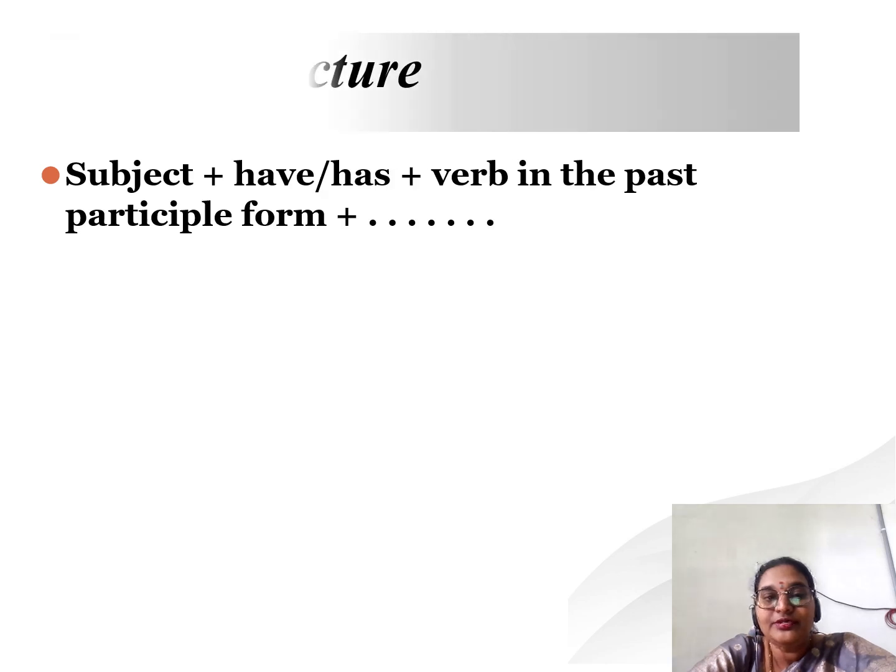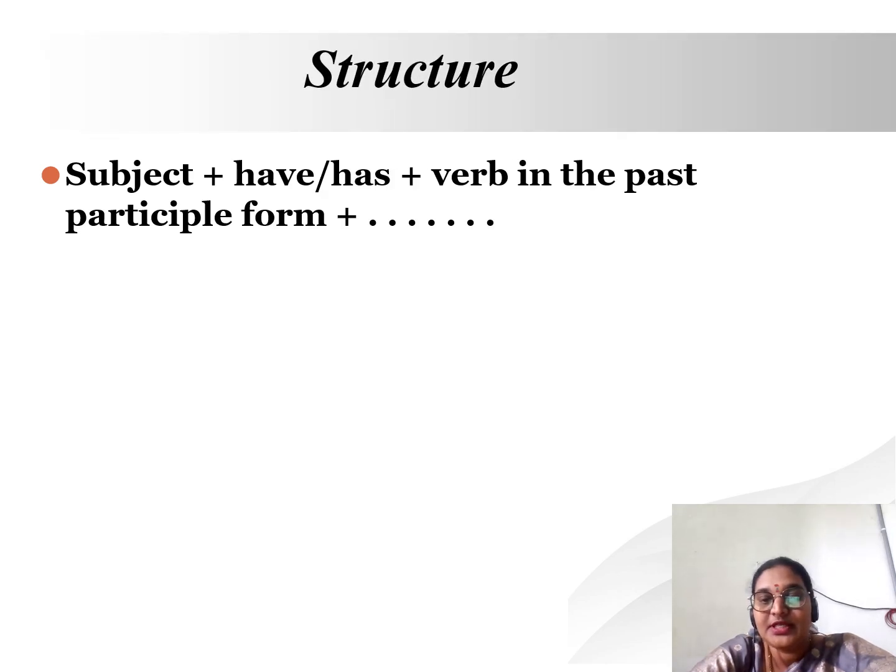So if you can see the structure of this present perfect tense, you can see subject plus have or has plus verb in the past participle form. That means here we take V3 form of the verb to express the sentences in present perfect tense.